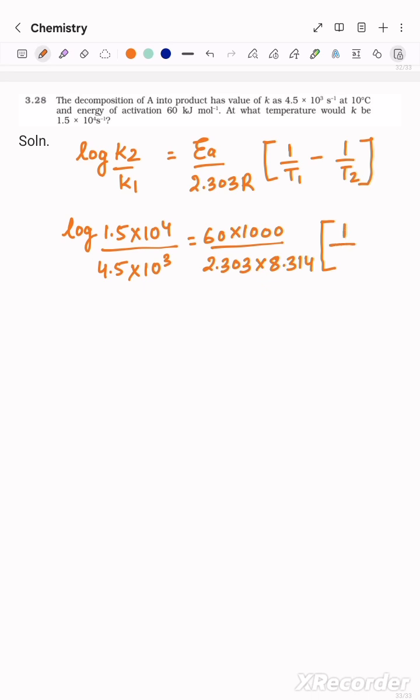T1 value is 10 degrees Celsius. Now we have to convert it into Kelvin. So we add 273 to 10 degrees Celsius, that will become 283.